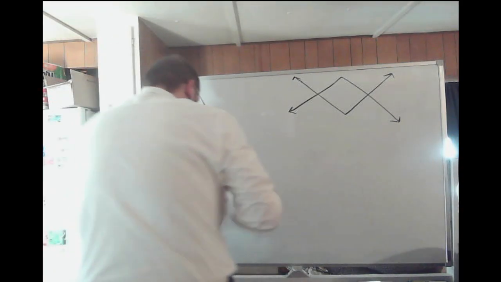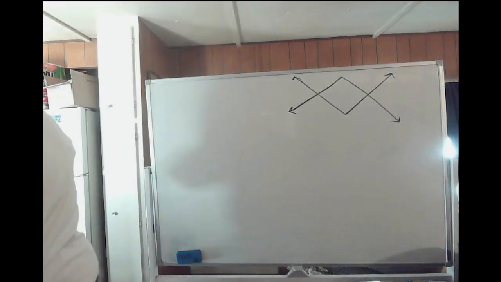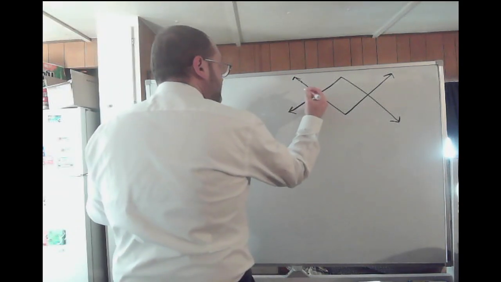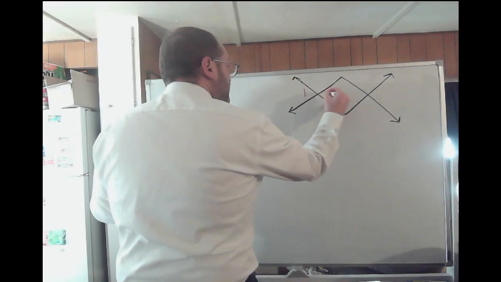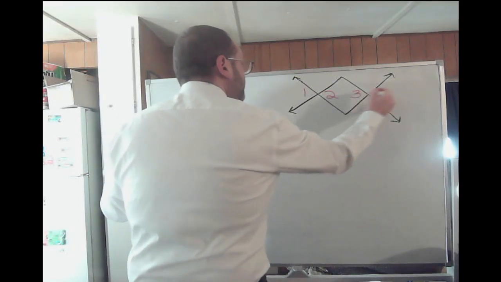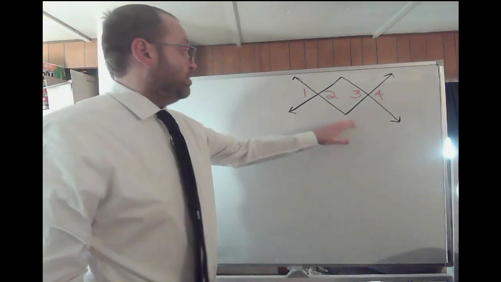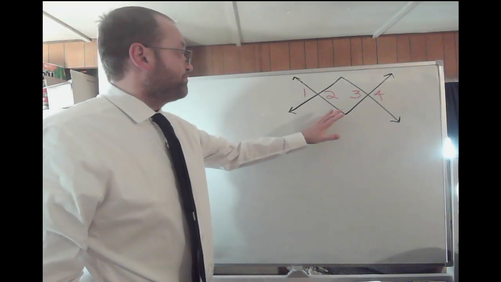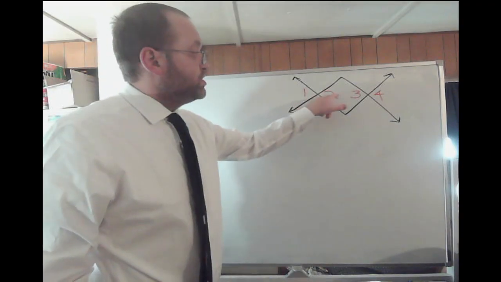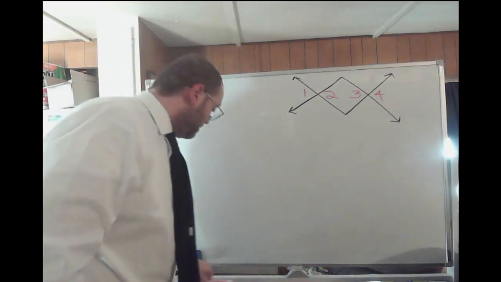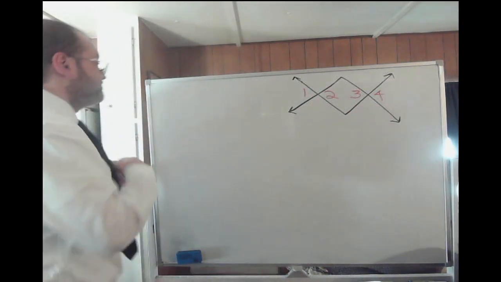Alright, let's see what we got here. We have angle 1, angle 2, angle 3, and angle 4. So we got this nice shape here with these lines with angles 1, 2, 3, and 4. Well, where's this about to go?